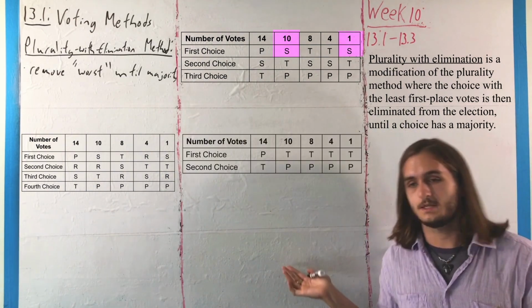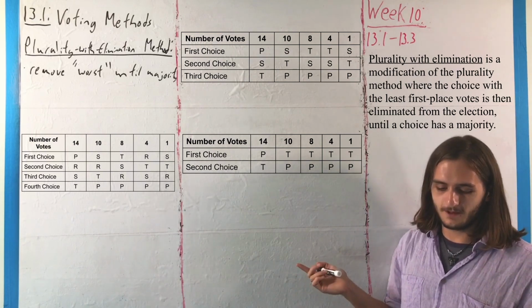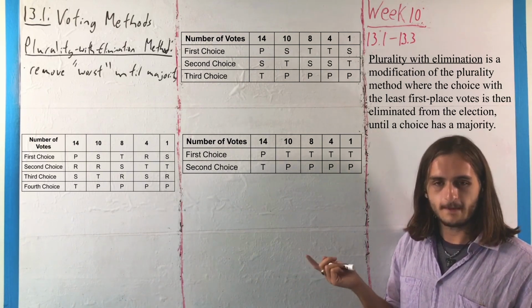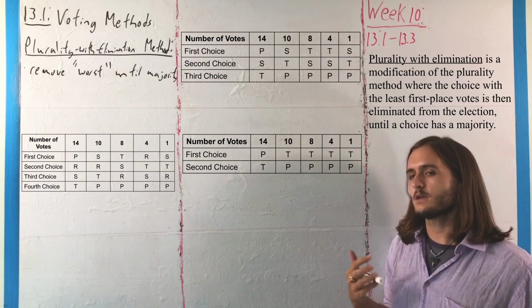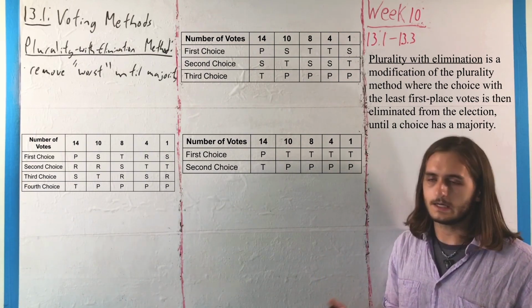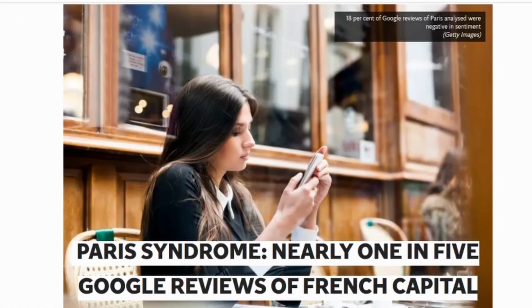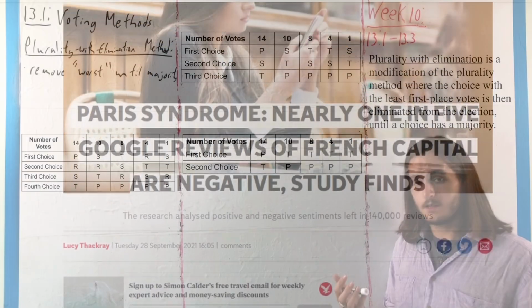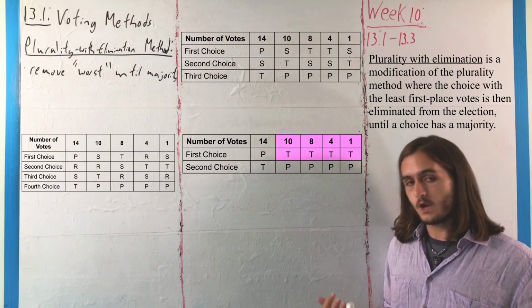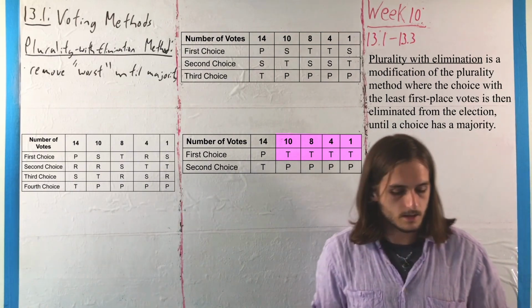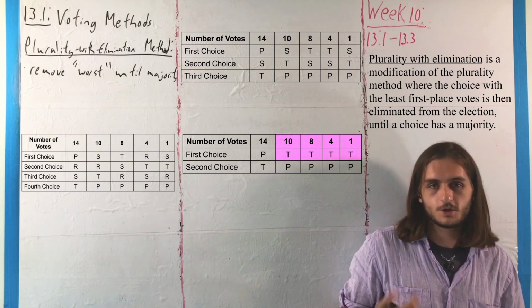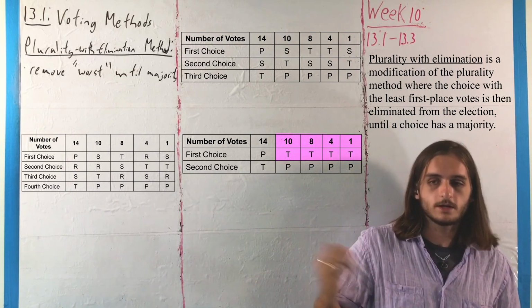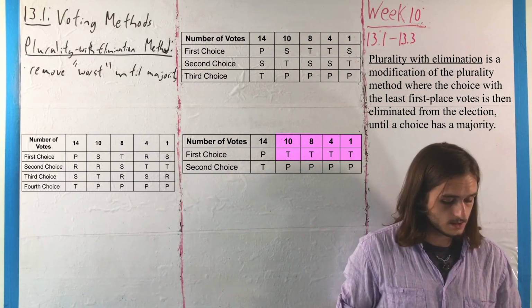to get an even simpler preference table that's just between Paris and Tallinn, where again, because a lot of people didn't want to go to Paris, I guess they heard about Paris syndrome and were very scared of it, Tallinn actually ends up inheriting the majority in this case, despite the fact that most people had it as their 2nd, 3rd, or even 4th choice, as the hopeful Parisians did.